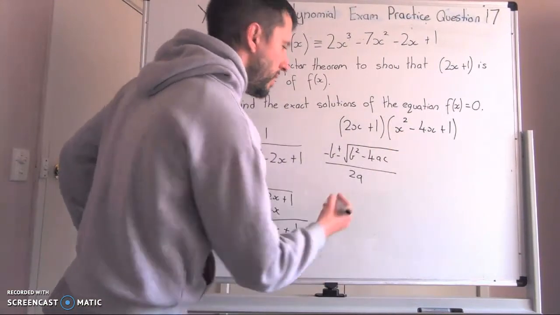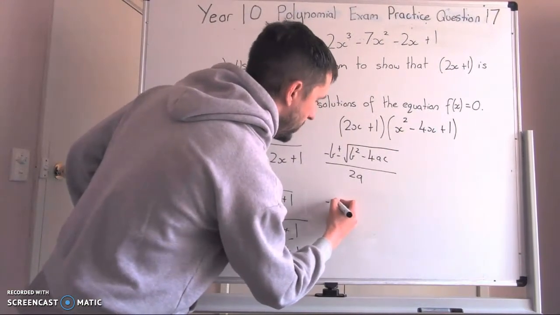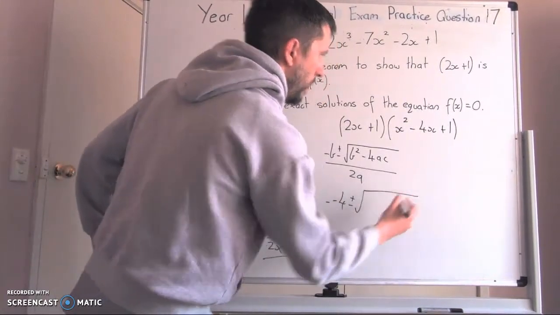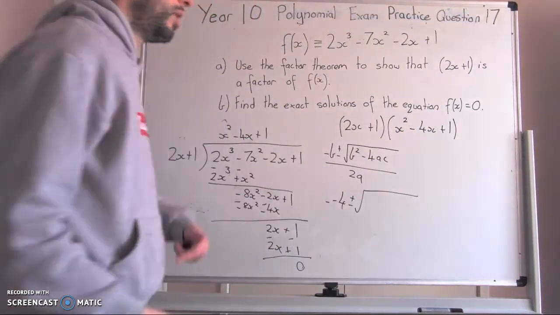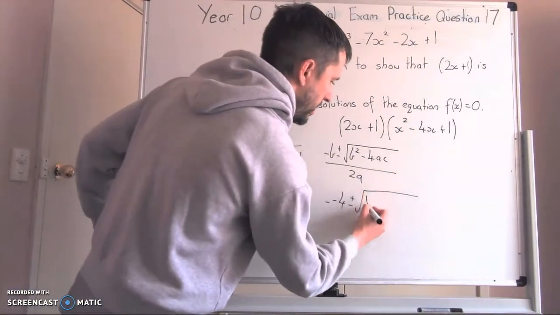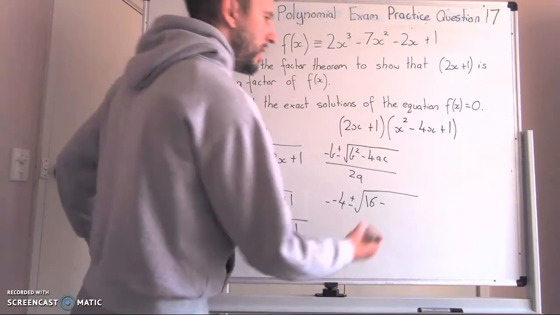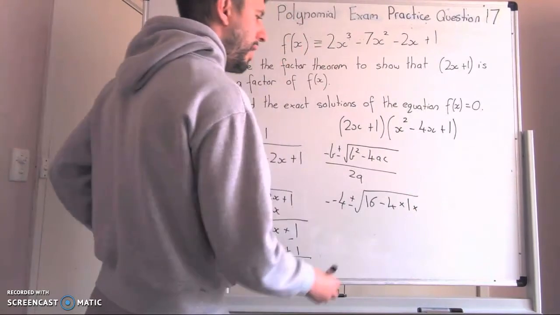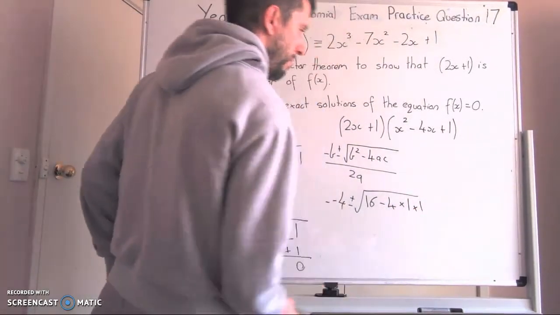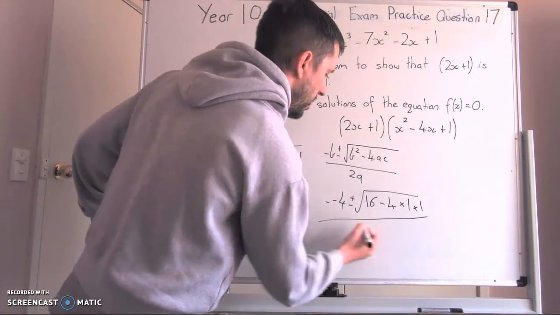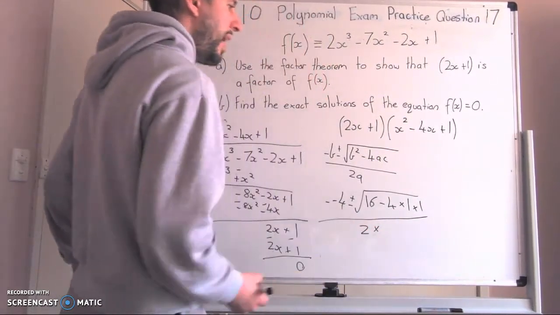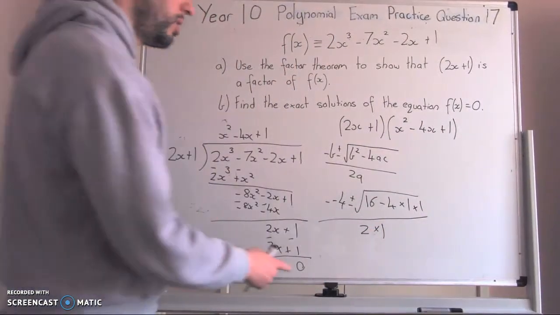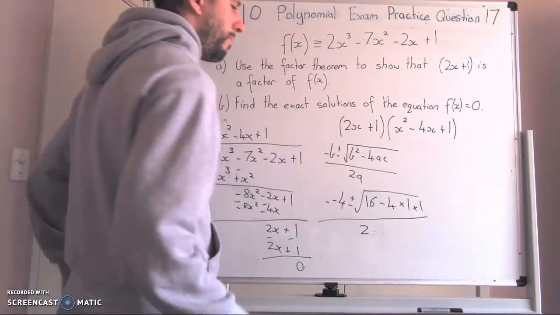Negative b is negative negative 4, plus or minus the square root. b is negative 4. Negative 4 squared is 16. Take away 4 times a, which is 1, times c, which is 1. And then I am dividing it by 2 times a. a is 1. So 2 times 1 is just 2.